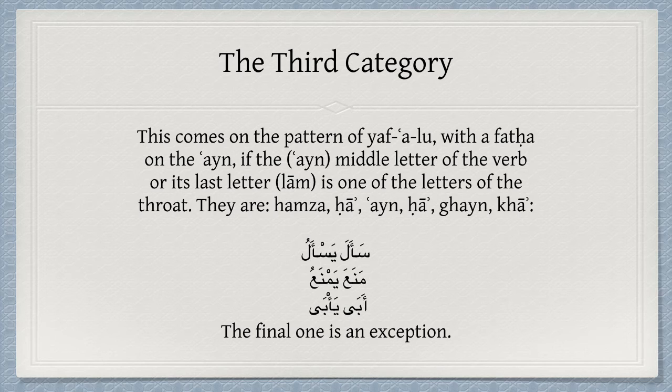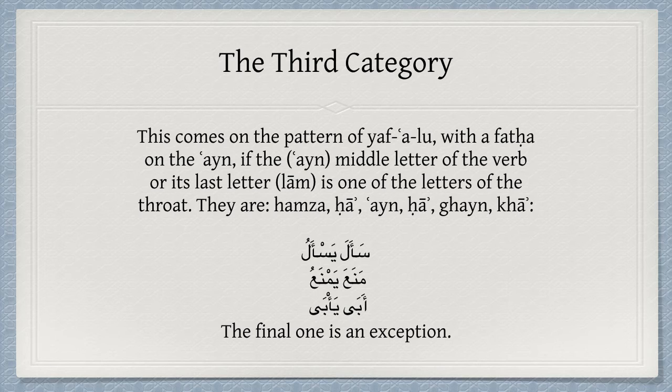You can have a word in category 1 or 2, and it could have a throat letter, but it's not category 3, right? So in order for it to be category 3, there has to be a fatha on the Ain letter in the past and the present, and one of the Ain and the Lam has to be a throat letter.